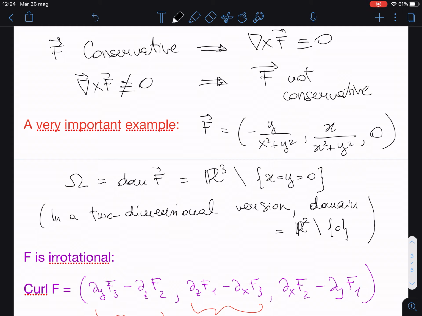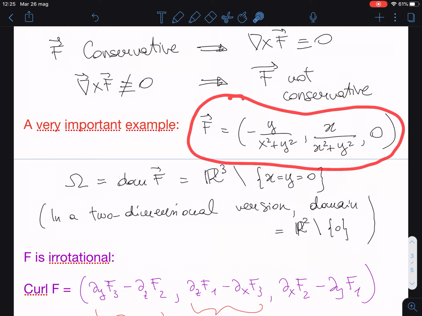But now I give you an important example. The important example is the following. You have this field. This is a very, very famous field, which is made like that. I give you a three-dimensional version, but of course what is important here are just the first two components.